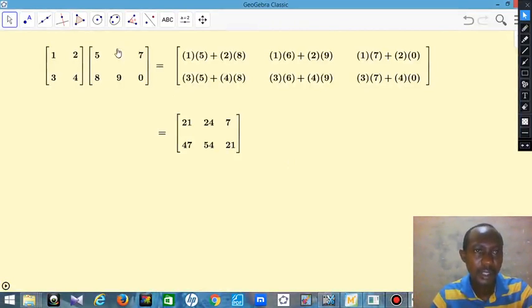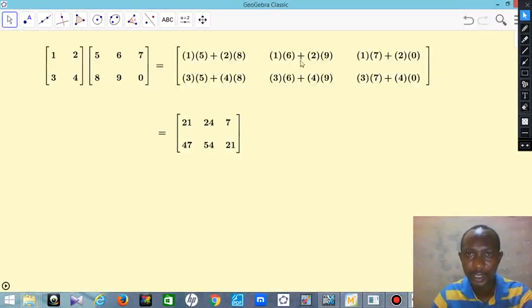First row again times second column. First row times third column. You continue until the columns are finished before you go to the second row in the first matrix. Second row, first column. Second row, second column. Second row, third column. If you go through this calculation here, you see what we did.